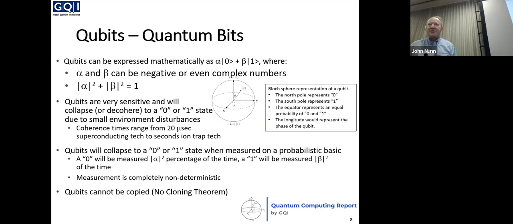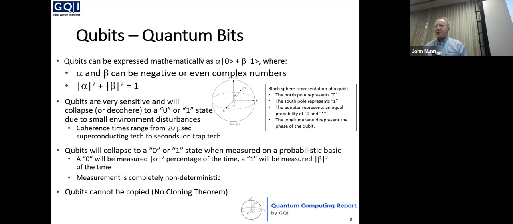This is my only slide that has math on it, but it does show some of the key principles of what are called qubits. I think we're all familiar with digital bits, either 0 or 1. The things that carry the information in the quantum computer are called qubits. As I was saying earlier, a qubit is like a superposition of 0 or 1.